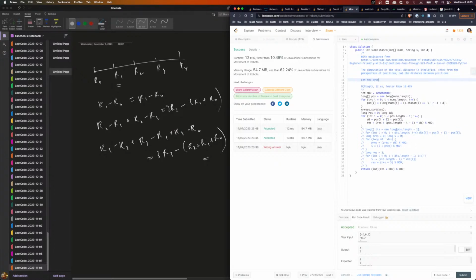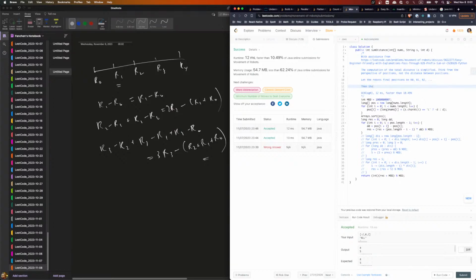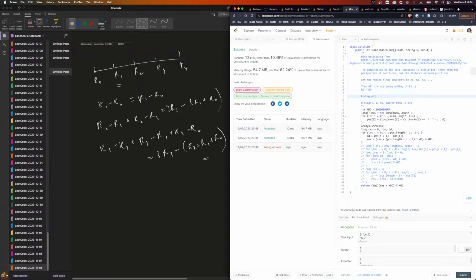Let the robot's final positions be R0, R1, R2. Then all the distances ending at R1 is R1 minus R0. Ending at R2, R2 minus R1 plus R2 minus R0. It's 2 times R2 minus R0 plus R1.